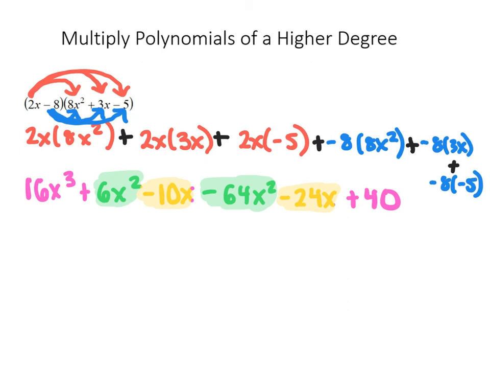So my final answer will become 16x to the third, 6x squared minus 64x squared gives you minus 58x squared. Negative 10 minus 24 is minus 34x plus 40.